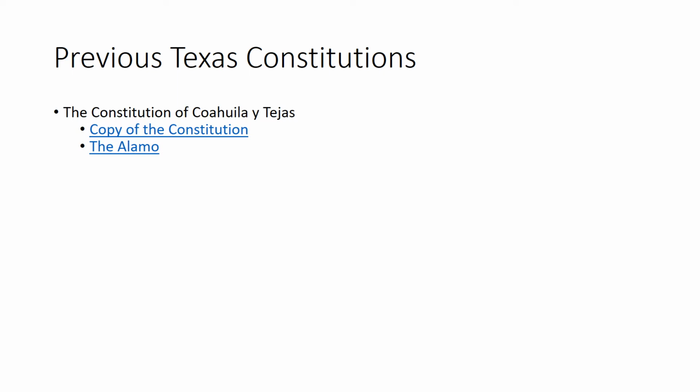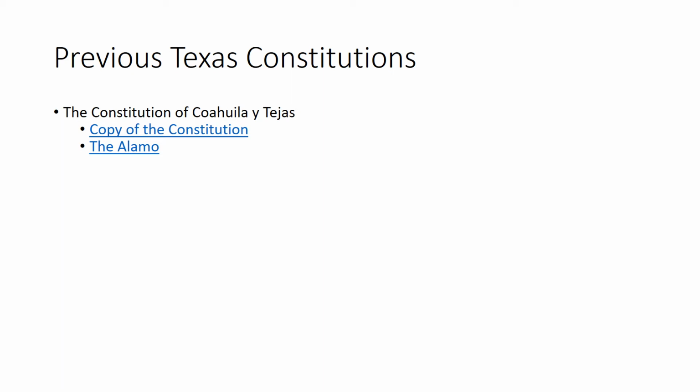The first constitution is called the Constitution of Coahuila y Texas. In spite of attempts at rebellion in the early 1800s, Texas remained a part of New Spain until the Mexican War of Independence. This was sparked by Spain's massive extraction of wealth from the colonies during the Napoleonic Wars.